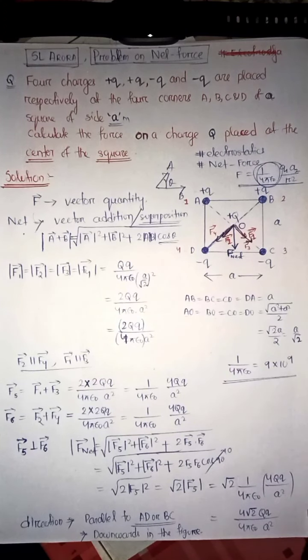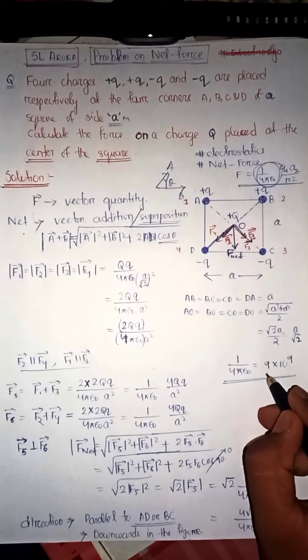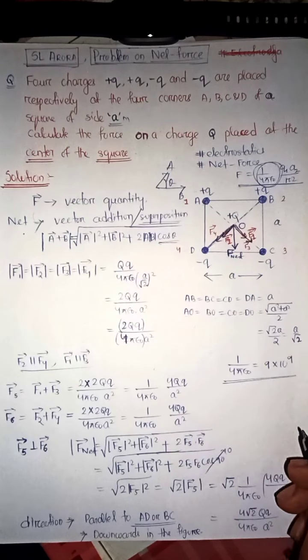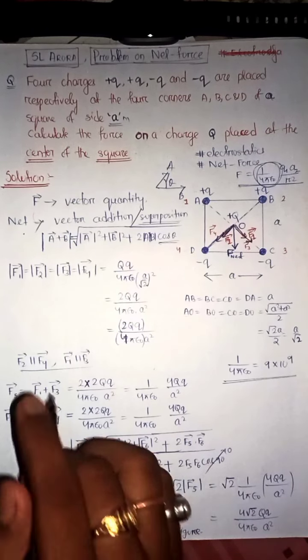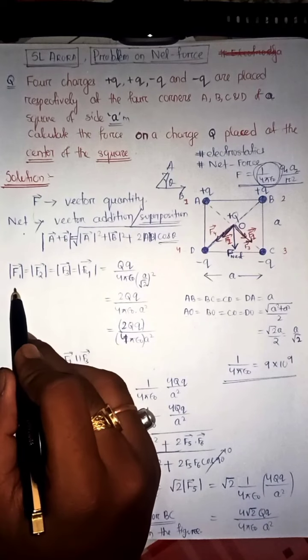If q is given as 2 coulomb and capital Q as 5 coulomb, you can substitute 1 by 4 pi epsilon as 9 into 10 to the power 9. So first let's find the forces.